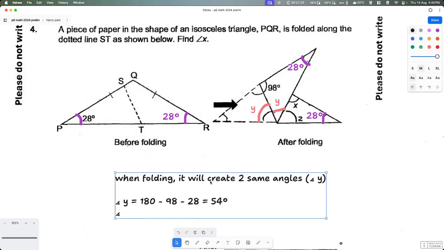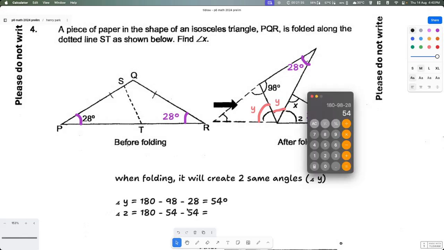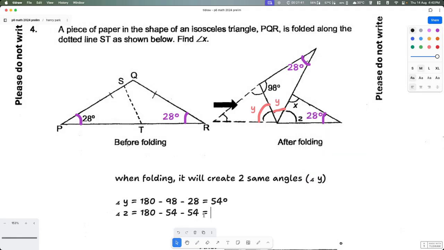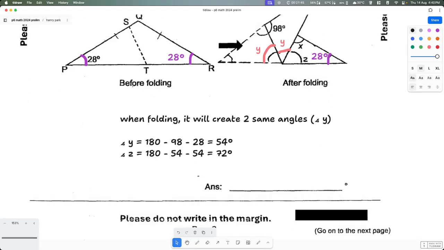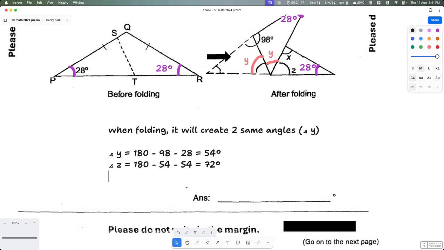Like this. Okay, so angle z is equal to 180 minus 54, minus 54, right? This will give us 72, right? So times 2, 108. So 180 minus 108, this will give us 72 degrees. Okay, so z is 72 degrees.